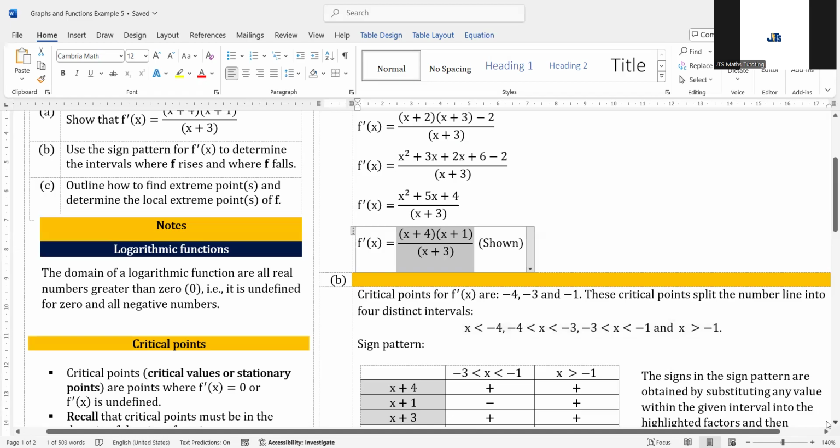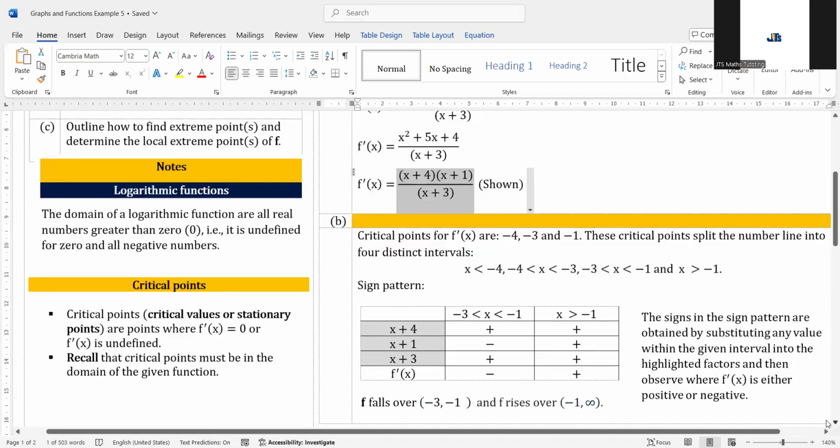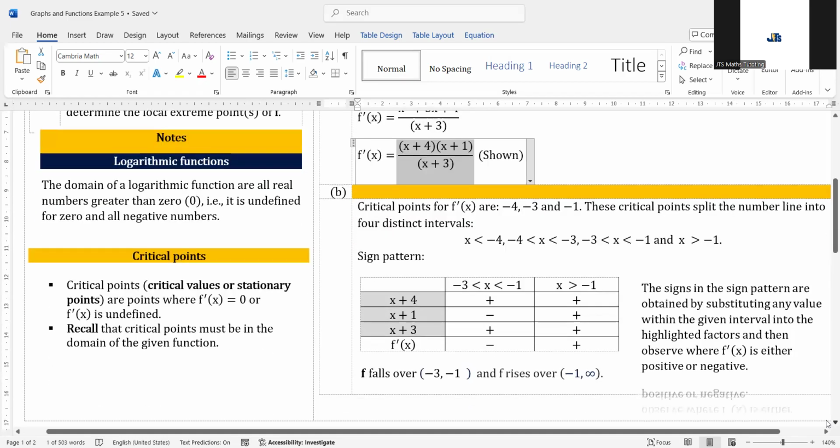So we have to draw up our sign pattern, or our sign table, but I want you to take note that I have 4 distinct intervals here, but on my sign pattern, I am only having 2 intervals. Why? Because this is a logarithmic function, so we are only going to be looking at those values which are not going to make the function undefined.